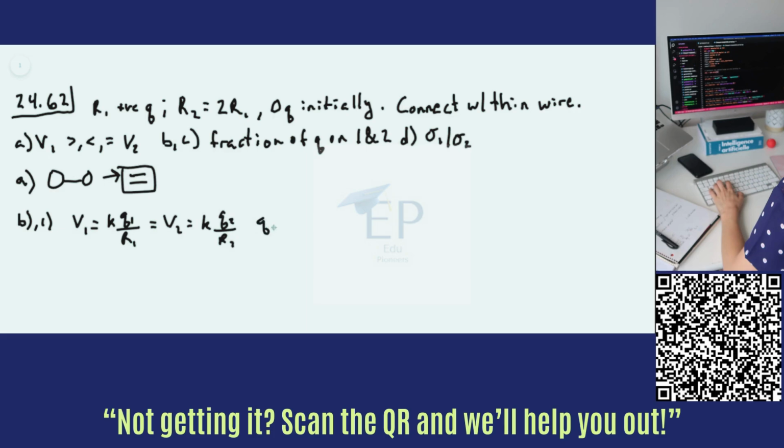And we further have that Q1 plus Q2 have to add up to Q, and that R2 is 2R1.